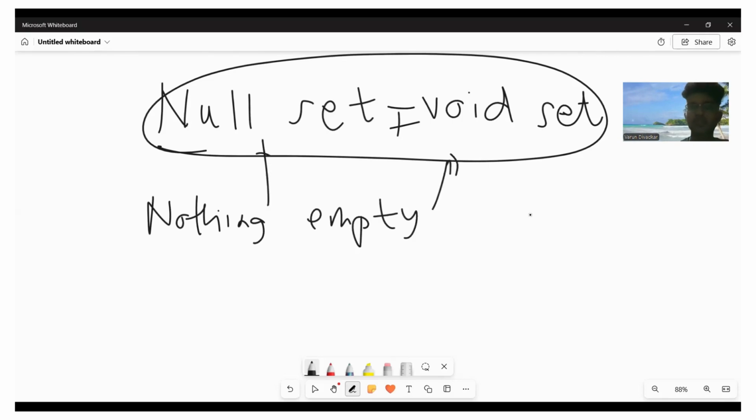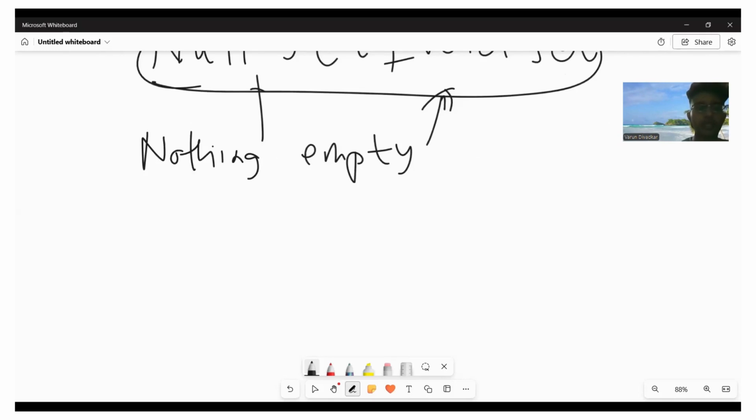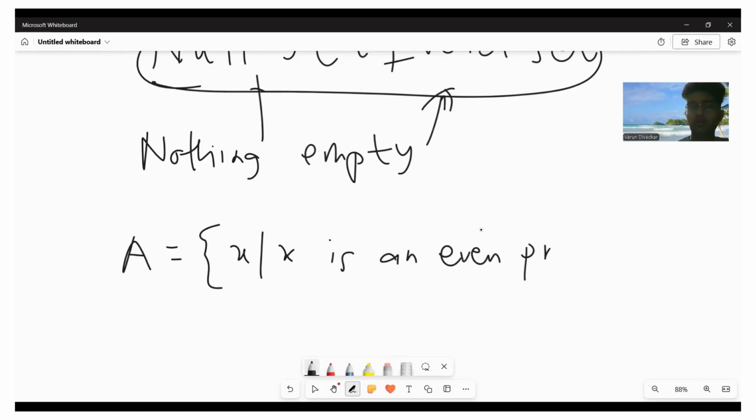So one example of such a set is like A equals all x such that x is an even prime number greater than 2, right?